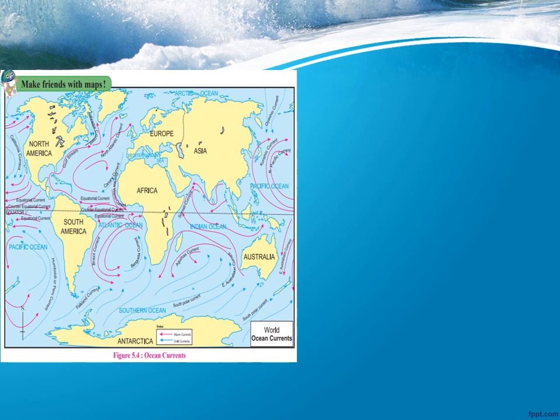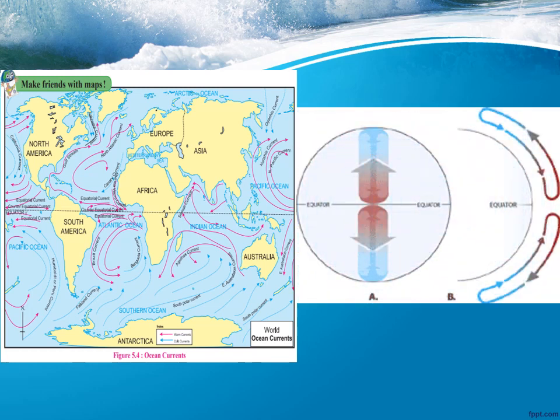The horizontal flow of ocean water occurs as warm and cold currents. These currents flow from the equator to the poles and from the poles to the equator.